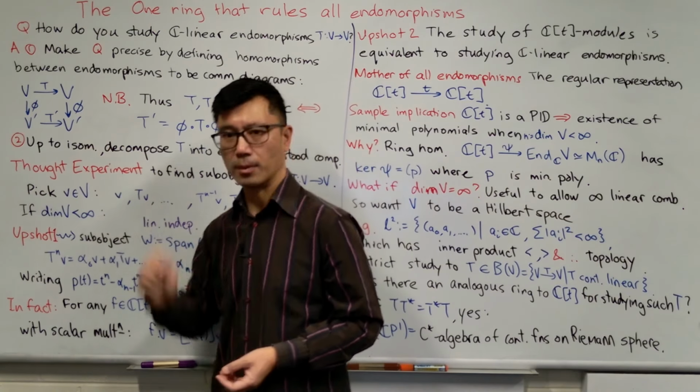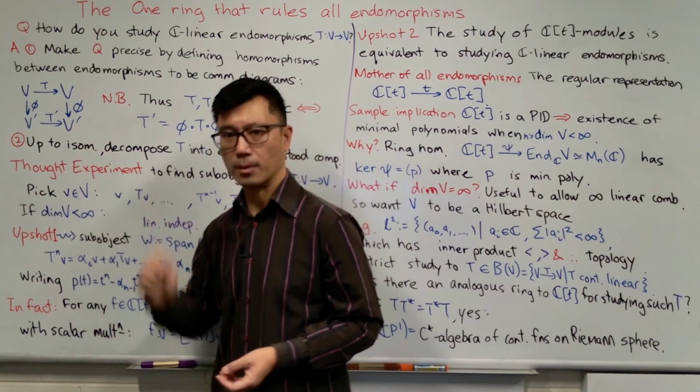Okay, so why is that? So remember, another way to make a C[t] module V is that you have some vector space V, and you have a C algebra homomorphism from C[t] to endomorphisms of this V. So if the dimension of V is n, this is isomorphic to just n by n matrices in C.